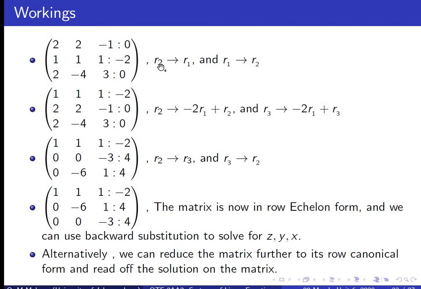The reason why row 2 becomes row 1 is so that I don't deal with fractions, because they can be a little bit tedious and confuse you and give you a wrong solution. Not that it's wrong, but it's easier not to deal with fractions for the sake of mathematical convenience. So row 1 also changes, it becomes row 2, right? And then our resulting system is this one.